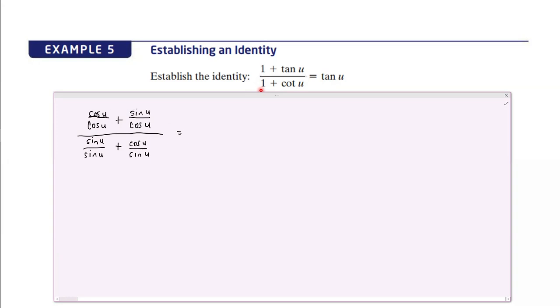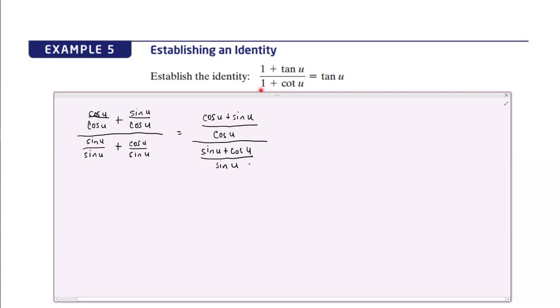Okay, so I get a complex fraction, and on top I have a cosine u plus sine u over cosine u. Down here I have a sine u plus cosine u over the common denominator of sine u.